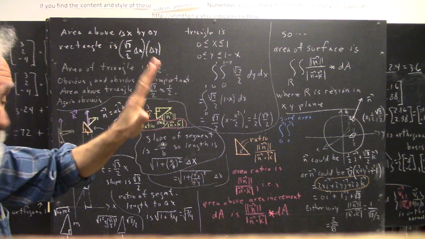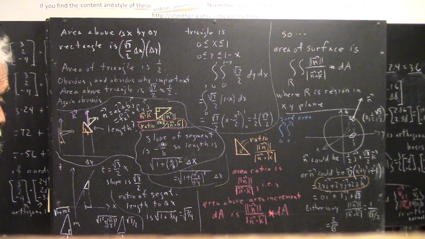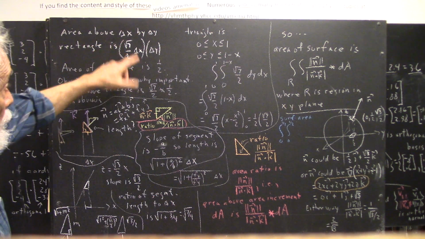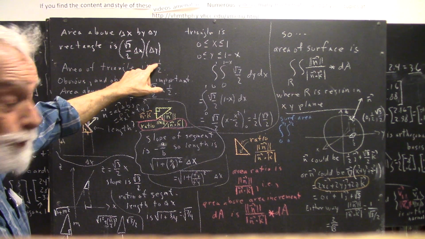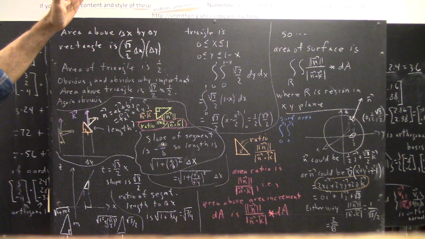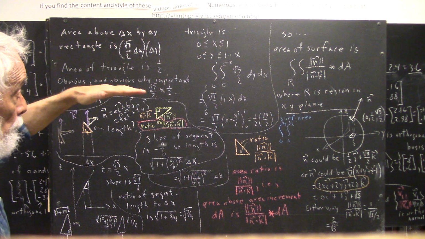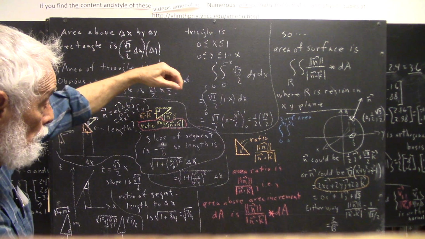up here as it is down here, and our area is going to be the square root of 7 over 2 times the area of our delta x by delta y region. So the region up here has the square root of 7 over 2 times the area of the region down here, the area of the region down here being delta x times delta y.